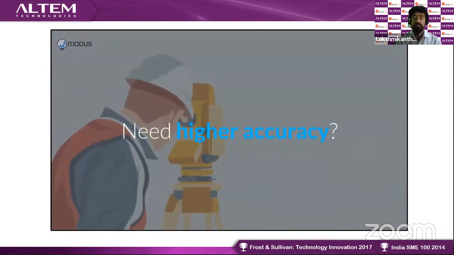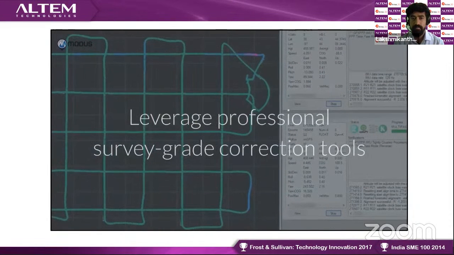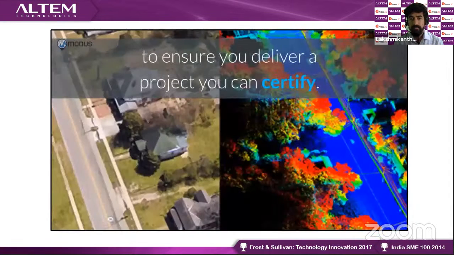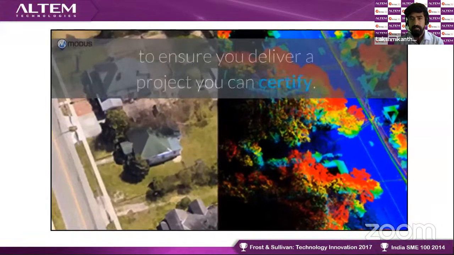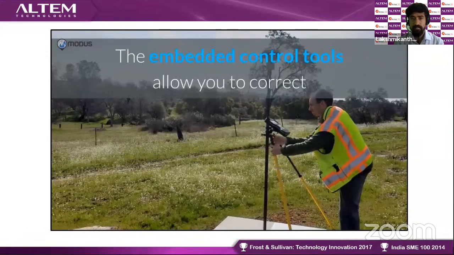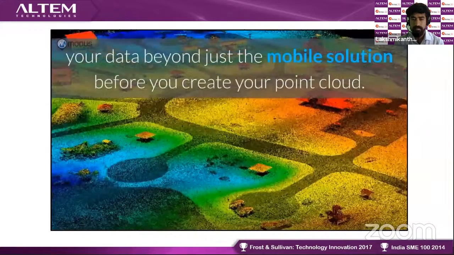Need higher accuracy? Leverage professional survey-grade correction tools to ensure you deliver a project you can certify. The embedded control tools allow you to correct your data beyond just the mobile solution before you create your point cloud. This is a big time saver for your CAD or GIS data analysts.